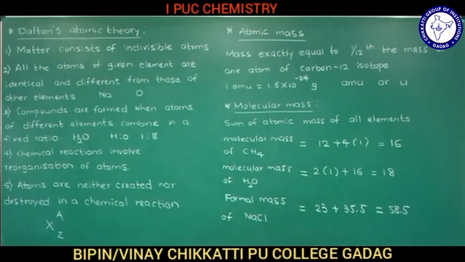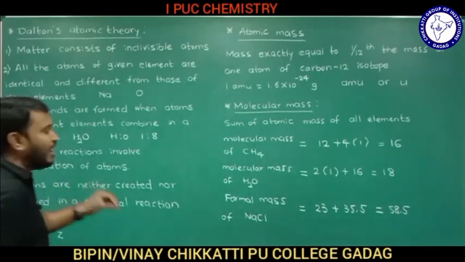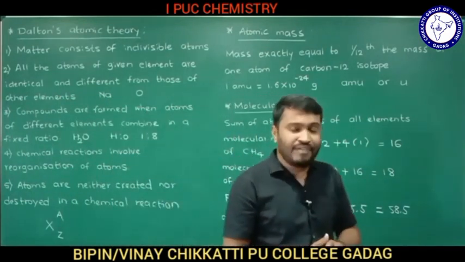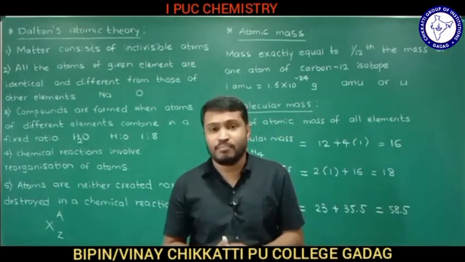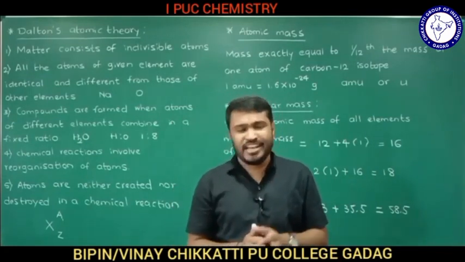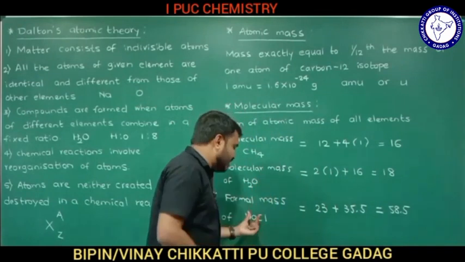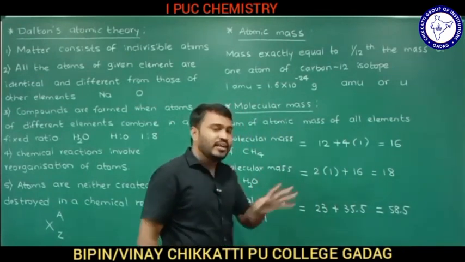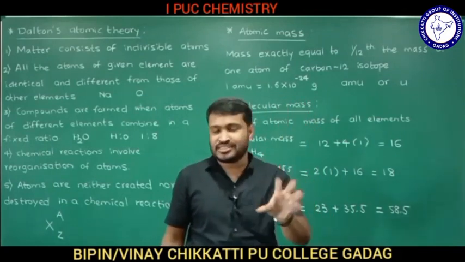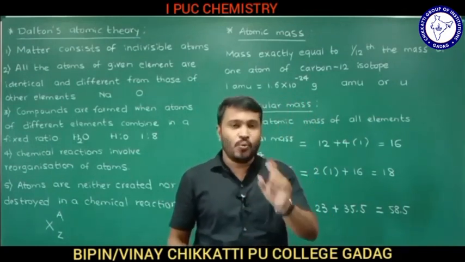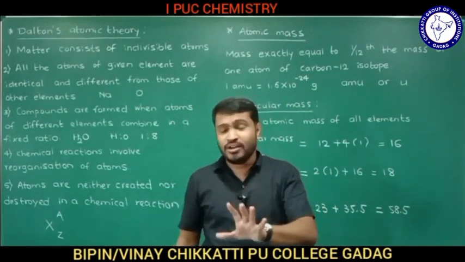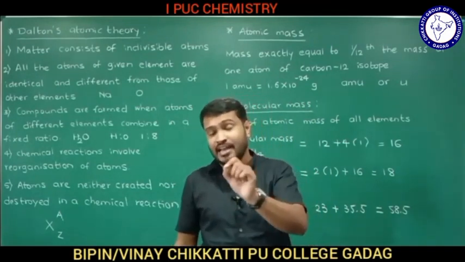Okay, so what would be the meaning of formula mass? For sodium chloride, here I have not used the word molecular mass, I use the word formula mass. And what actually does the meaning stand for? Remember, sodium chloride is a solid in state. If you carefully observe the crystal structure, one sodium is surrounded by 6 Cl minus ions, and one chlorine is surrounded by 6 Na plus ions.